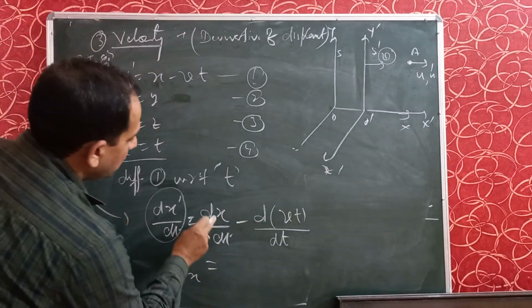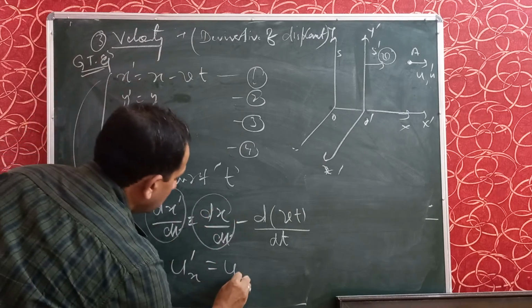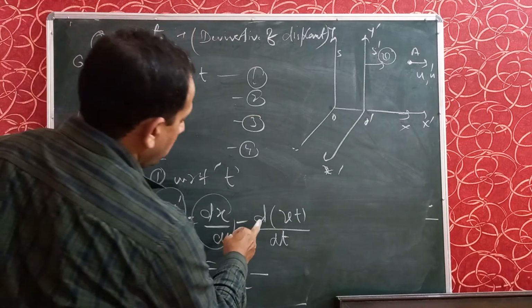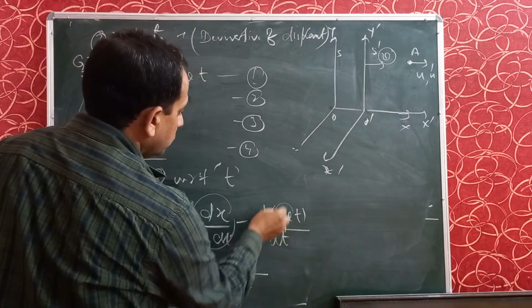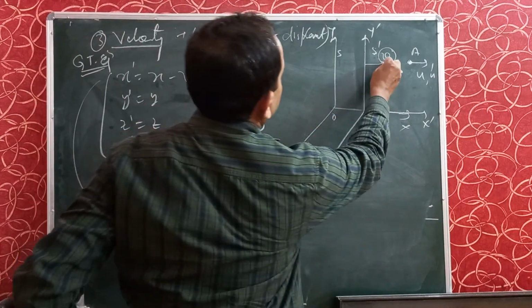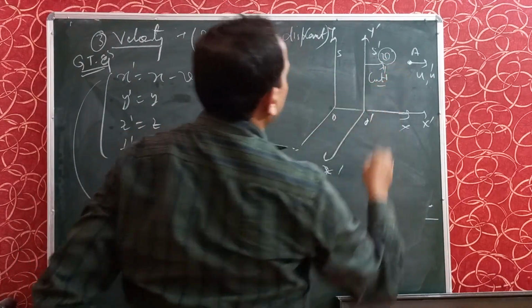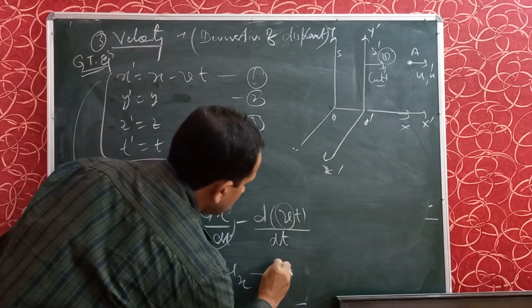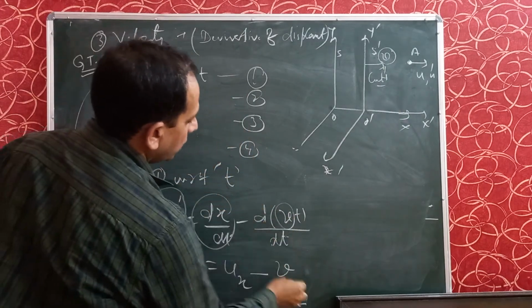So this is ux', dx upon dt is ux minus d of vt upon dt. What is v? v is the velocity of the frame. As you know, the velocity of the frame is constant, it is uniform. So this constant v will come out, and dt upon dt is 1.